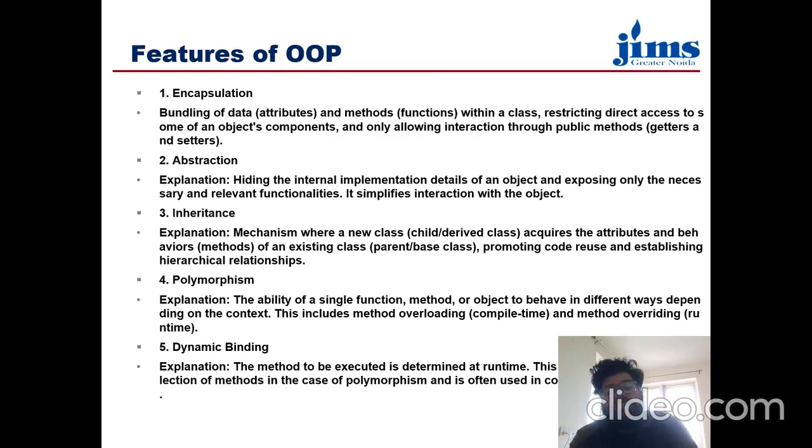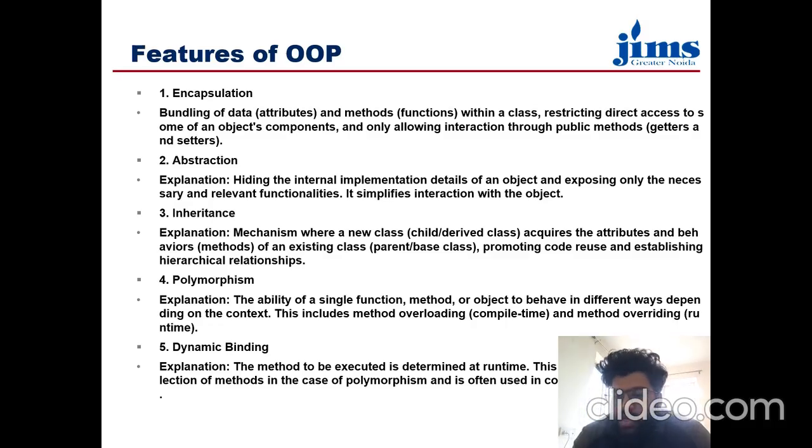Now moving to the features of OOPS. Object-oriented programming languages depend upon encapsulation, abstraction, inheritance, polymorphism, and dynamic binding. Encapsulation, everyone knows, is the binding of the data members and member functions into a single unit, which is called a class.